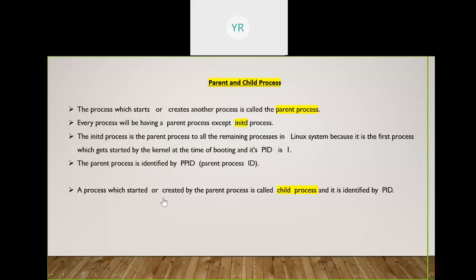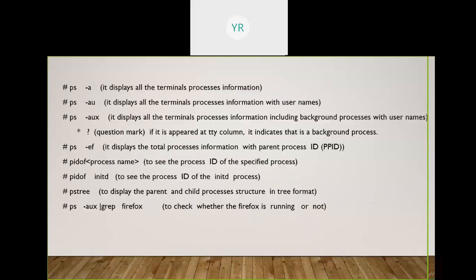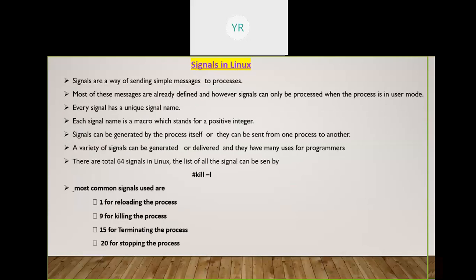A process which is started or created by another parent process is called a child process. It is identified by pid. So the child process is identified by pid, the parent process by ppid. Okay, that's it. We will see this later. We will execute some commands one by one.